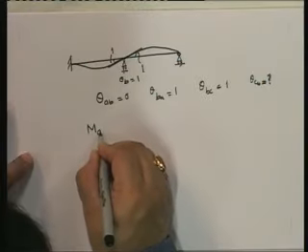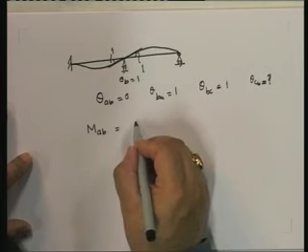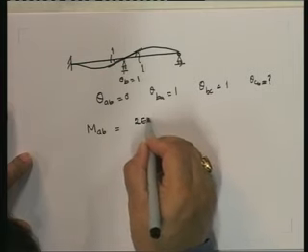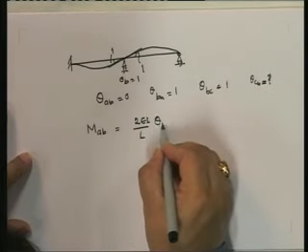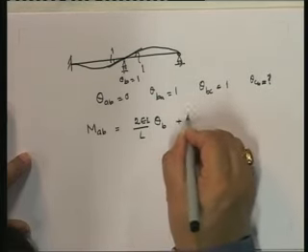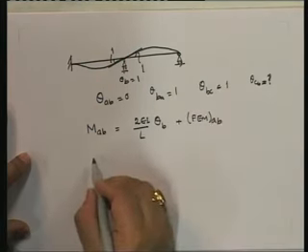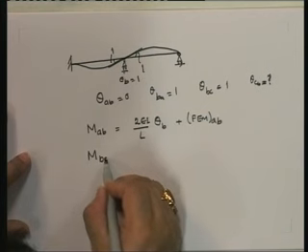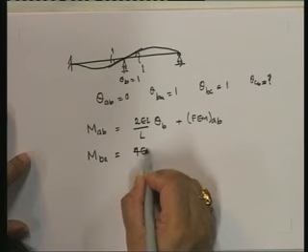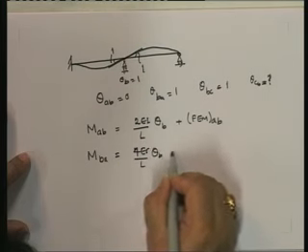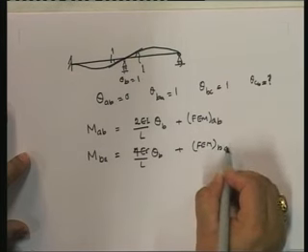I get MAB, and theta AB is equal to 0, so I get 2EI upon L. Theta BA is equal to theta B, so this becomes theta B plus the fixed end moment at AB. MBA is equal to 4EI upon L theta B plus the fixed end moment at BA.